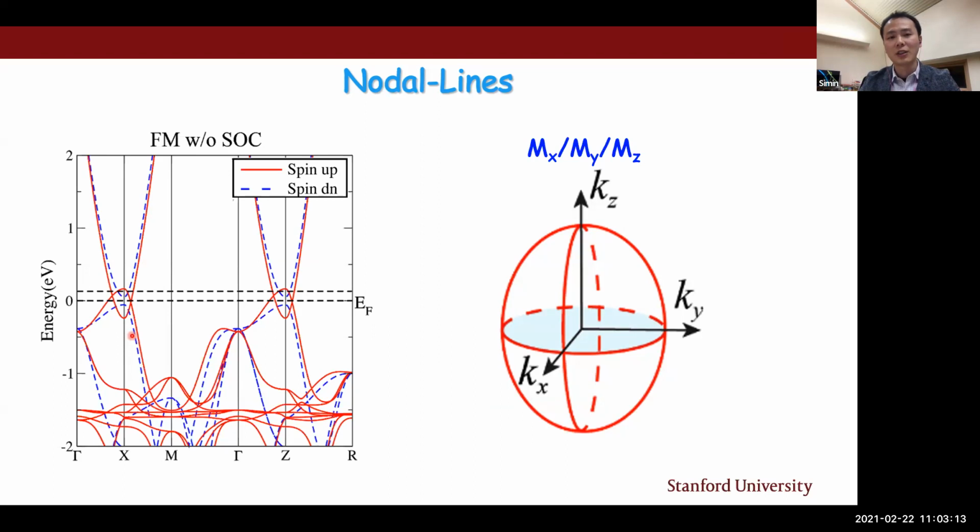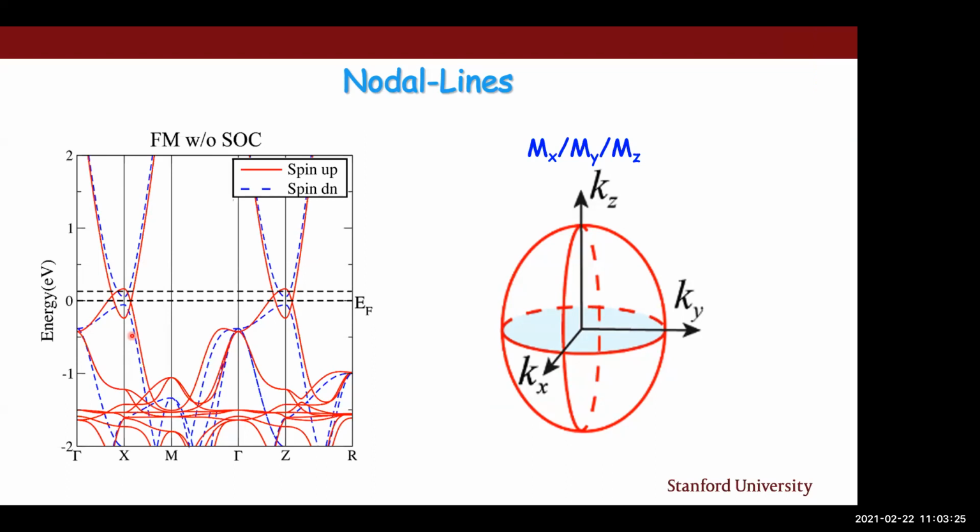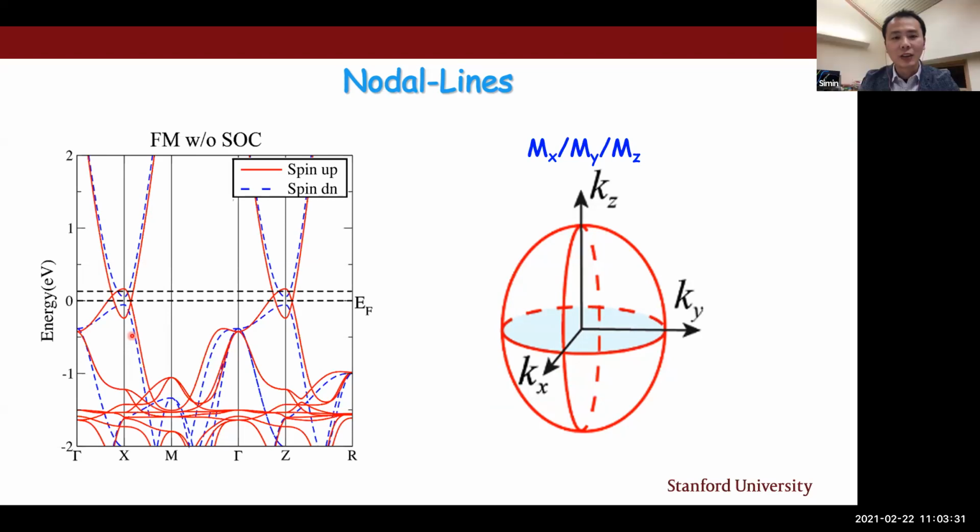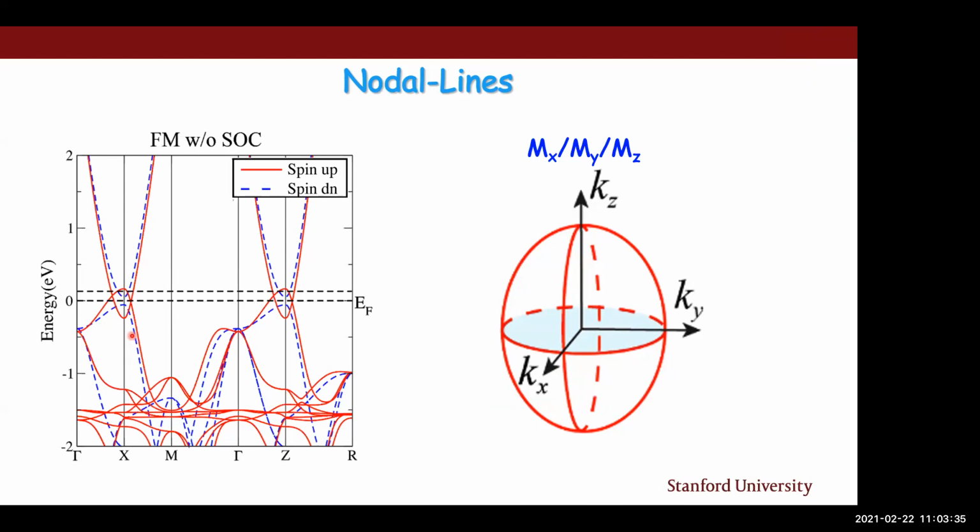You can specify your magnetic order without specifying the direction of the ferromagnetic order. I see. Is there a way of calculating, say, the transition temperature from your code? No. Okay. So this is just like a rigid shift of your spin up and spin down bands. Is that the point?